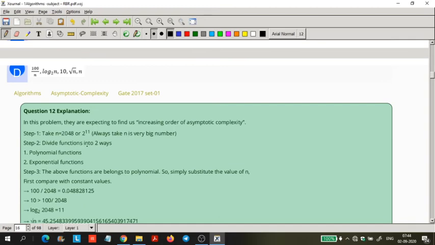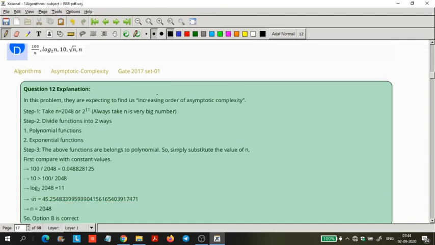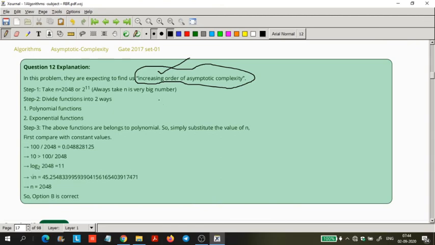In this problem, they are expecting us to find the increasing order of asymptotic complexity. In step 1, suppose the value of n is taken as 2048, that is 2 raised to 11.